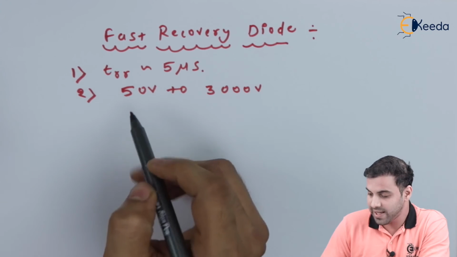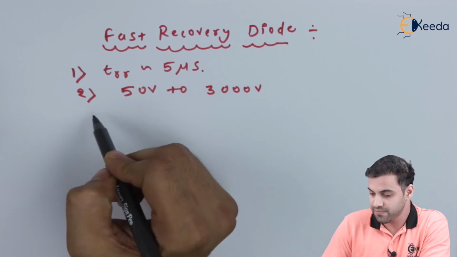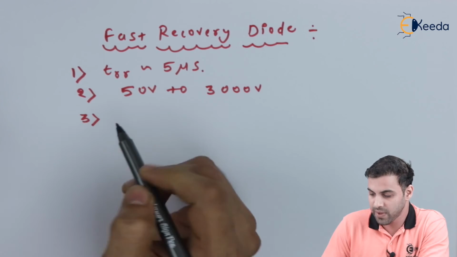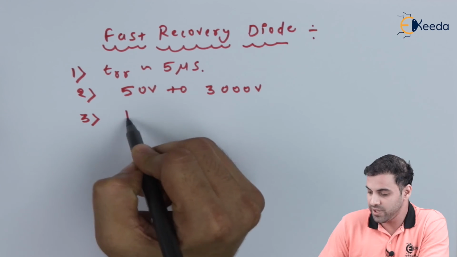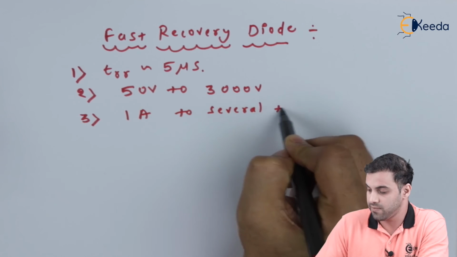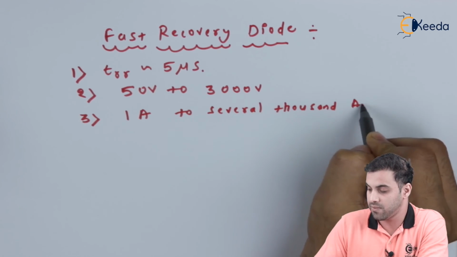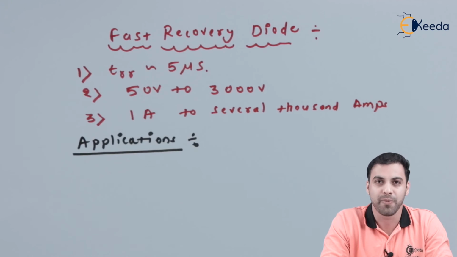Now in this case it can only withstand from 50 volt to 3000 volt. Number three would be the current rating, which is almost the same, starting from 1 ampere to several thousand amps.